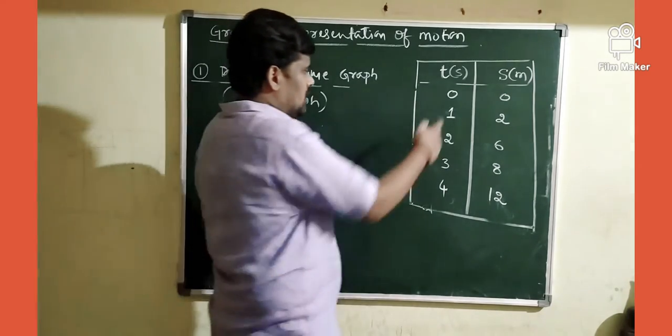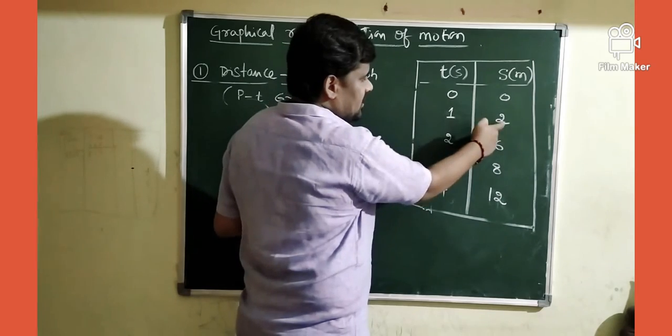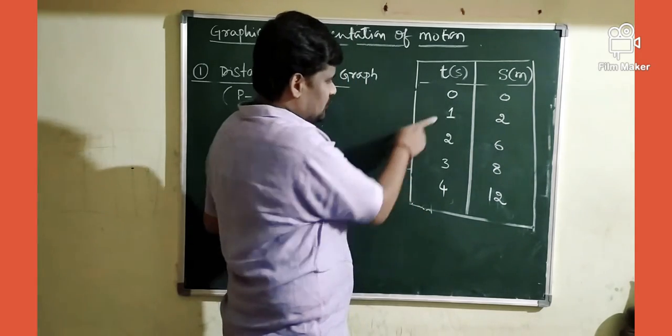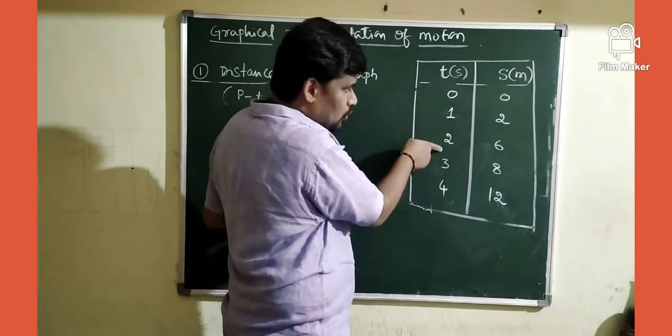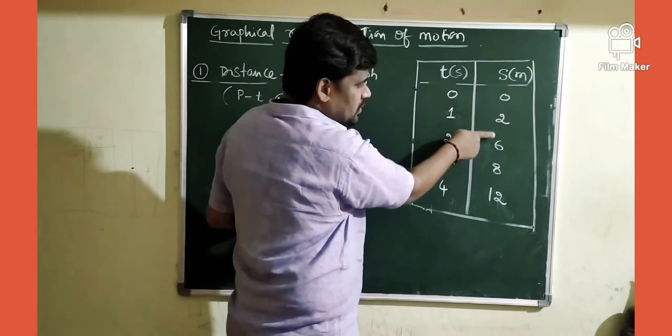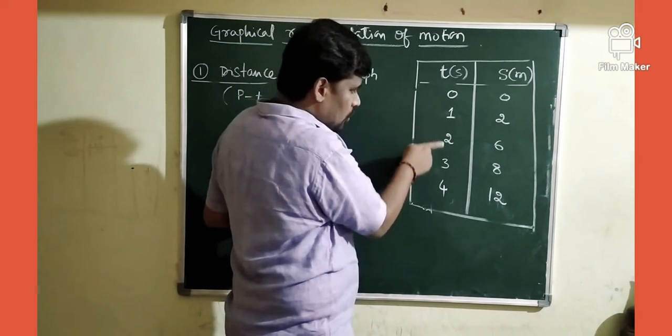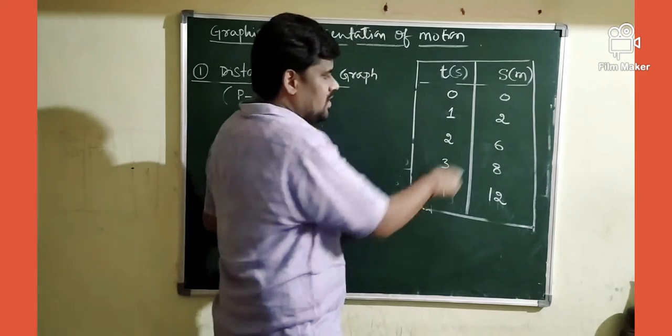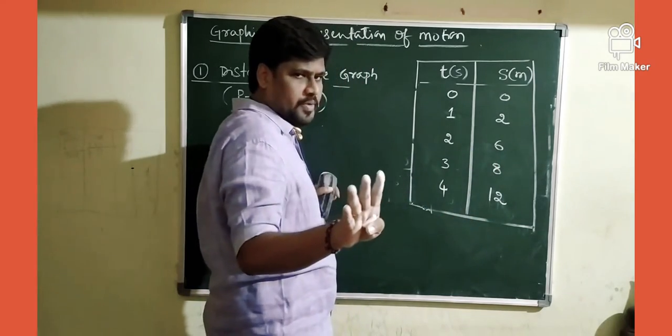So in this case, the body is not covering equal distance in equal intervals of time. From 0 to 1, that is 1 second, it covered 2 meter. From 1 to 2, the value changes from 2 to 6, so in the next 1 second the body covered 4 meter.